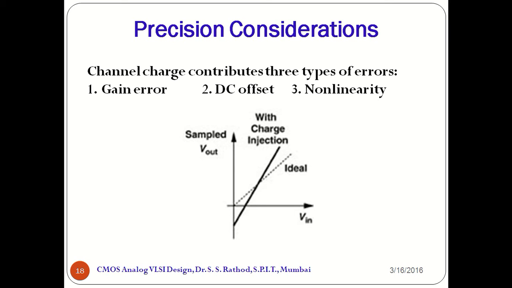So in summary, these channel charges primarily contribute to three types of errors in the sampling switches: gain error, DC offset, and nonlinearity. You can observe from this plot of sampled output versus input voltage that there is a nonlinearity now introduced into the output, because the line which goes through the center has been shifted, and there is a DC offset, and obviously there will be error in the gain.